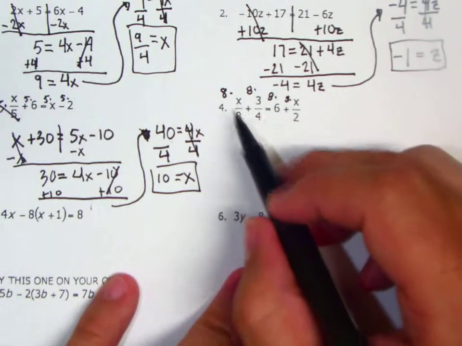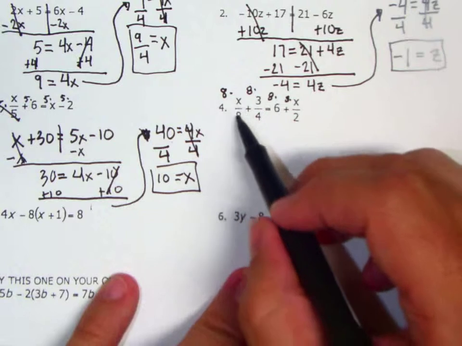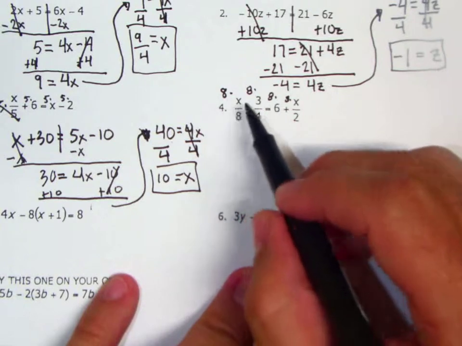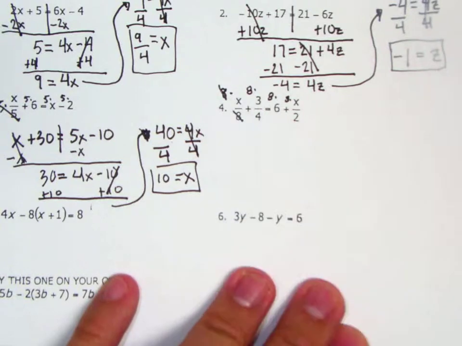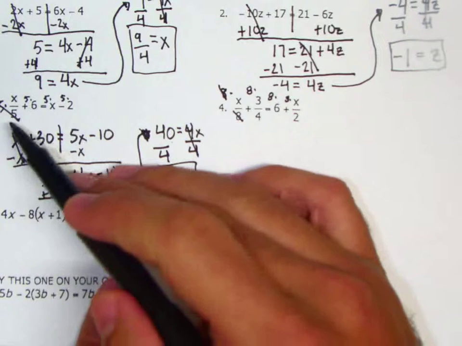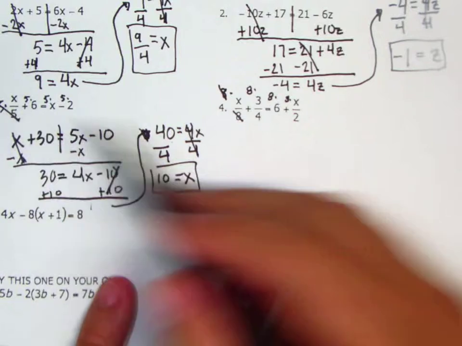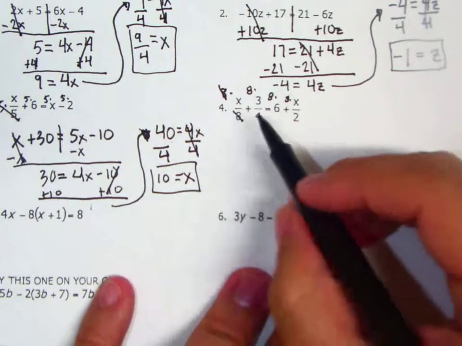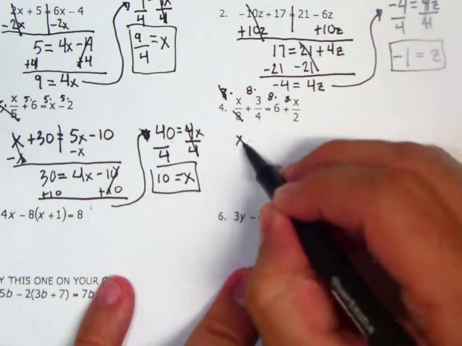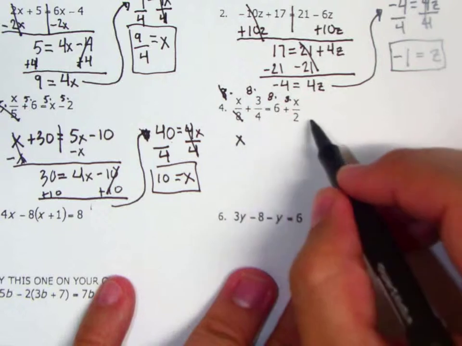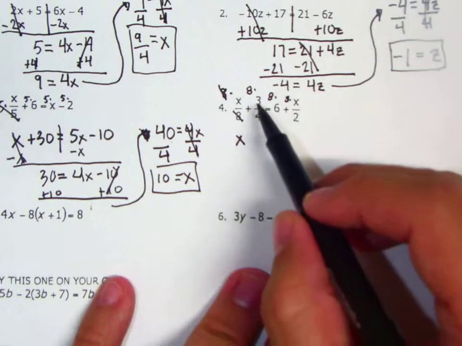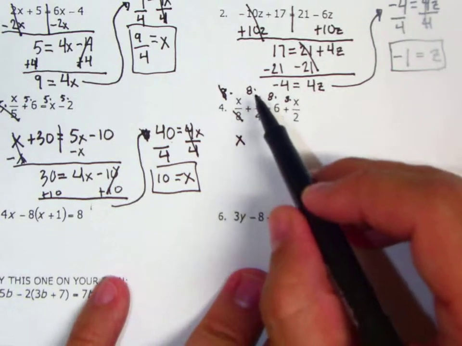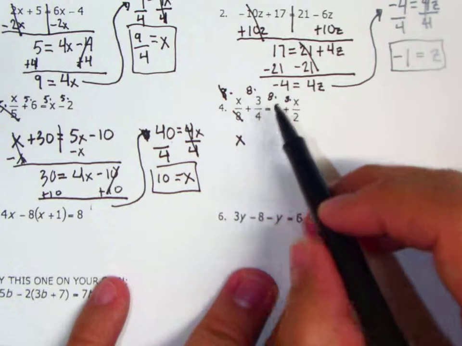So with the first term, because it's 8 over 8, the 8 and 8 actually just cancel out. Just like over here, the 5s cancel out with each other. 8s cancel out with each other, and you're left with just x. But the other numbers are going to change. Remember what I told you guys about how to multiply fractions?